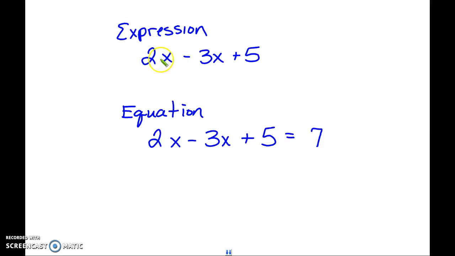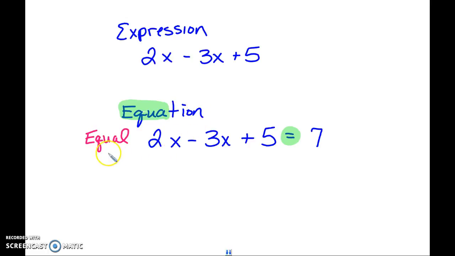The first part looks the same, 2x minus 3x plus 5. Here I threw in an equal sign. And if you see here, do you see what almost looks like the word equal? Except we threw off the L and put on a T-I-O-N.